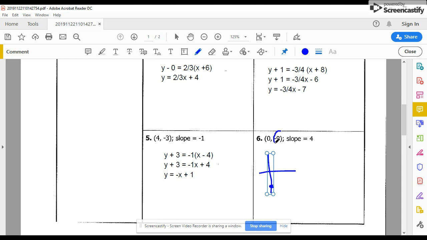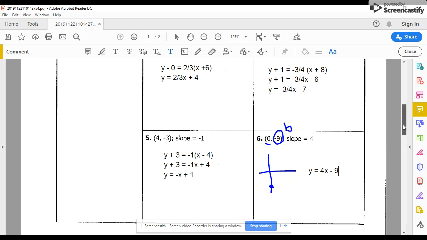So this is actually b. Whenever x is 0, the y-coordinate is b. So really, on this problem you can do all the work, but if you know that you have b and you have m, you can go right to y equals 4x minus 9 and be done.